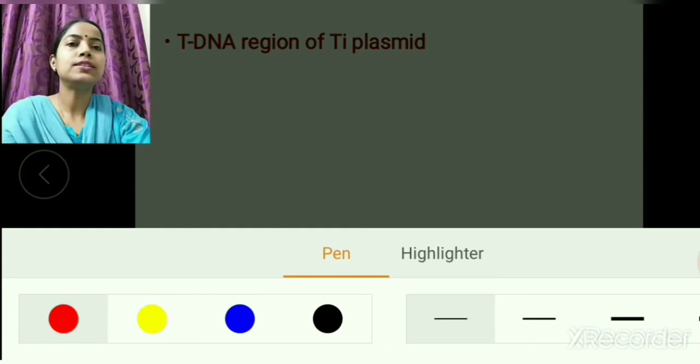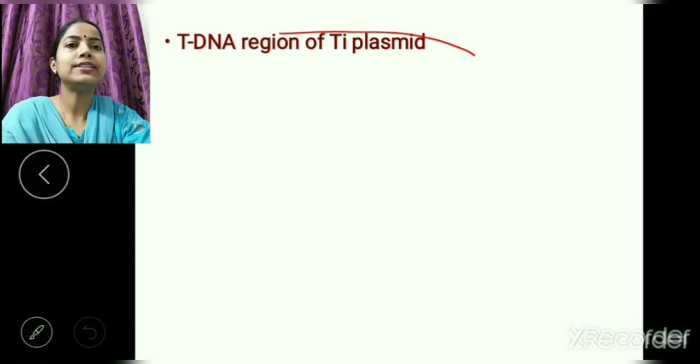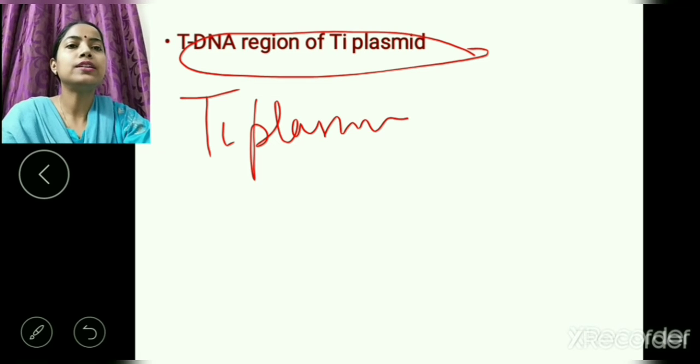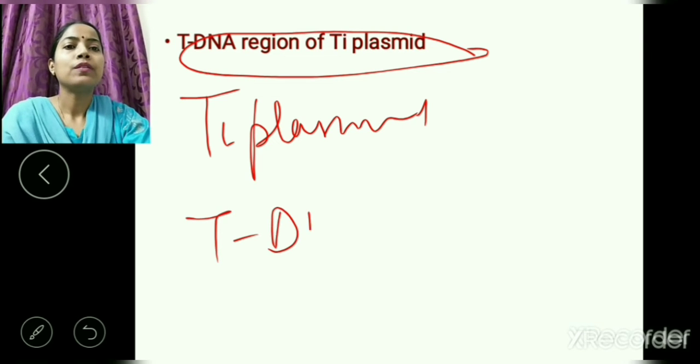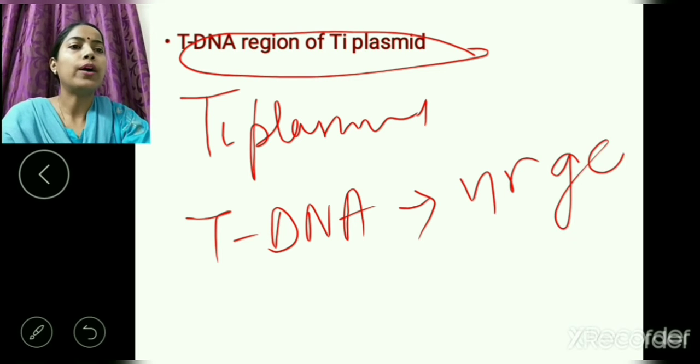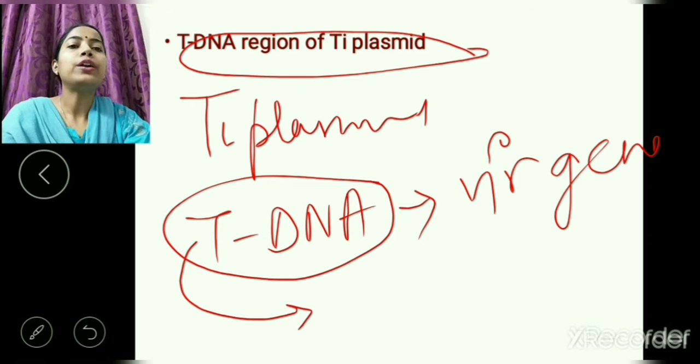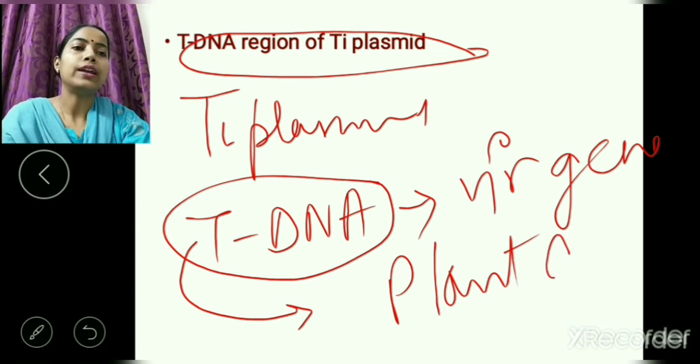So what does this tDNA region of the Ti plasmid do? The Ti plasmid has a region called tDNA which carries virulent genes. Virulent means disease causing gene, and this tDNA has the property that it transfers into the plant genome, that is, into the chromosomes of the plant.